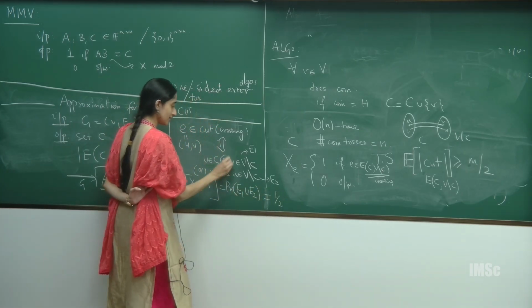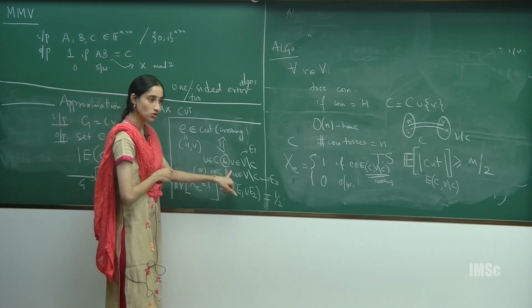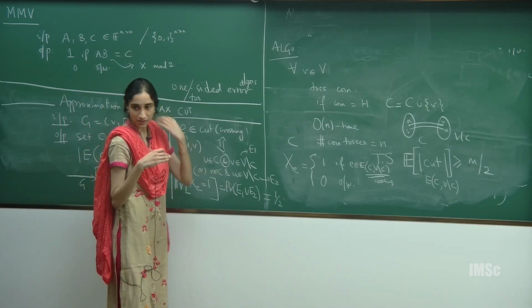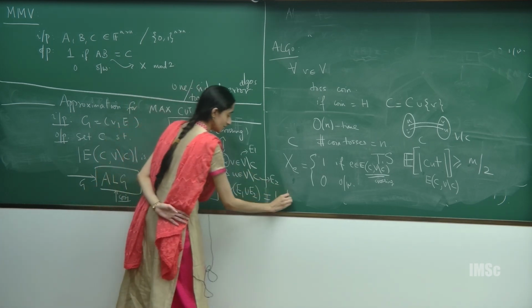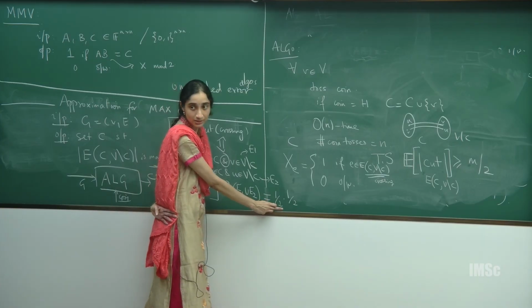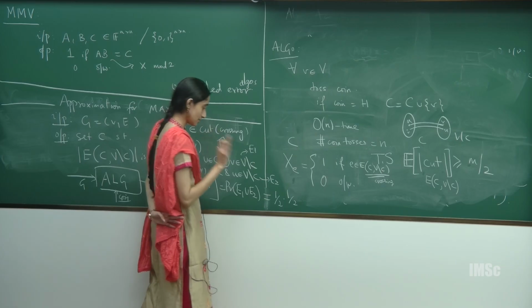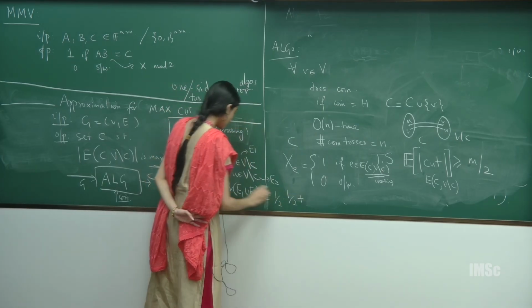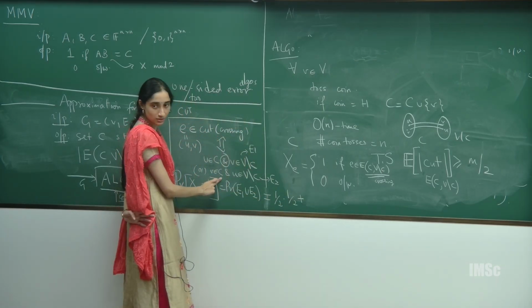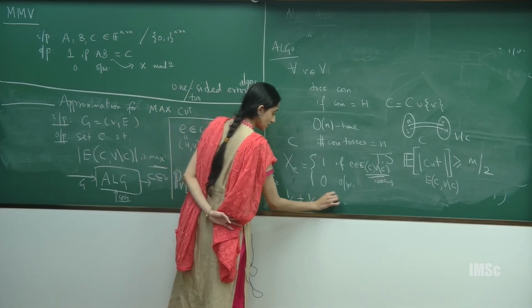And there is an and here. And V is not in C, which means you tossed a coin for V and it ended up tail. That's why you didn't put. So that is another half. So why was this multiplied? Because these are independent. I tossed a coin independently for each vertex, so it's okay to multiply, right? Plus there was this other possibility, that's another 1 by 4. So this whole thing is half.